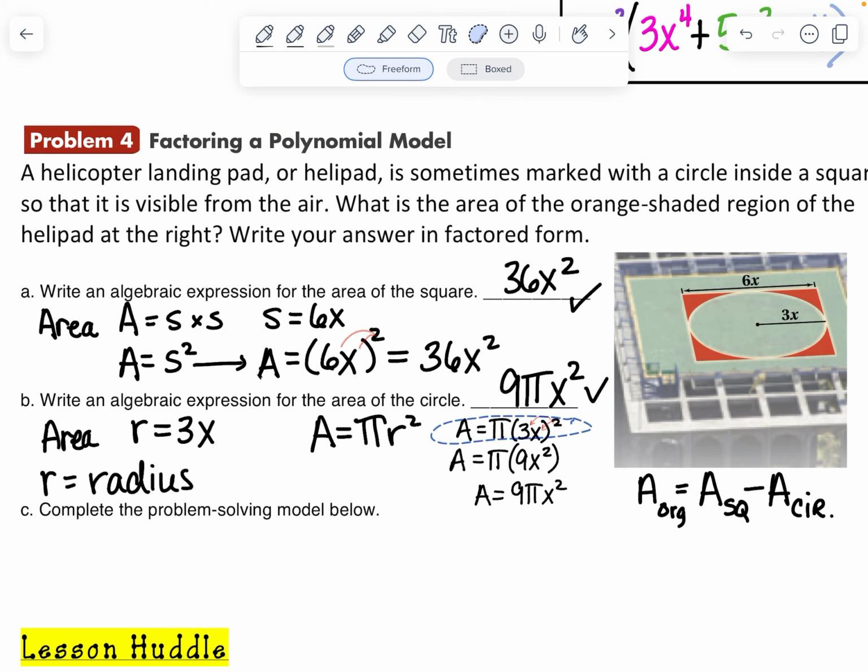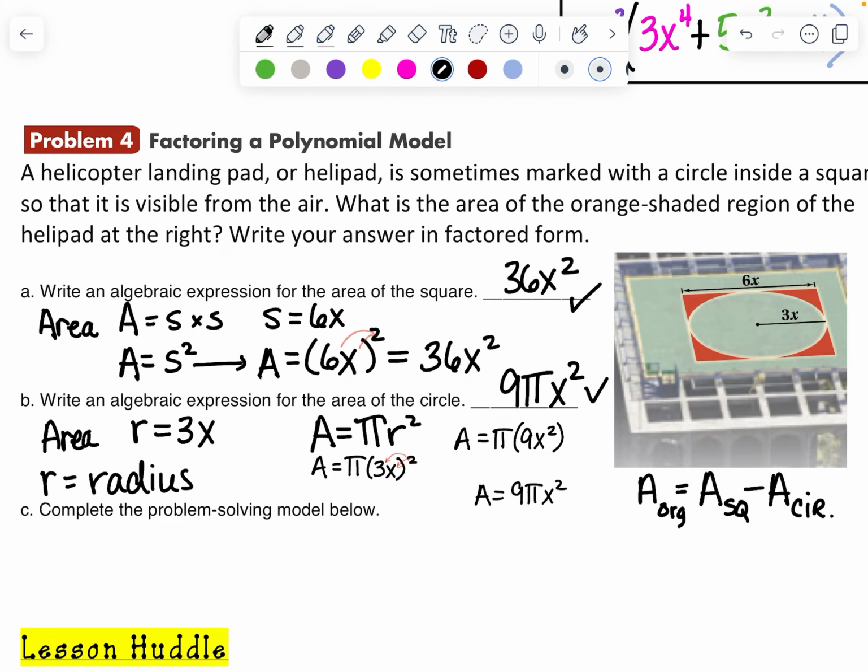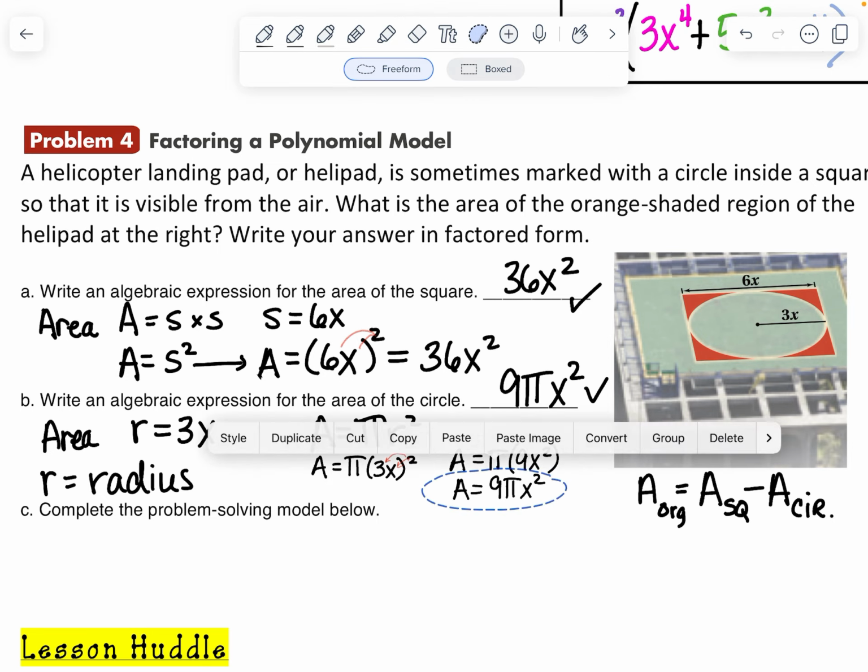So just to review, I've got area is equal to pi r squared, which means that area is equal to pi times 9x squared, because I squared 3x, and then I get this. So now, check, I got that second one.